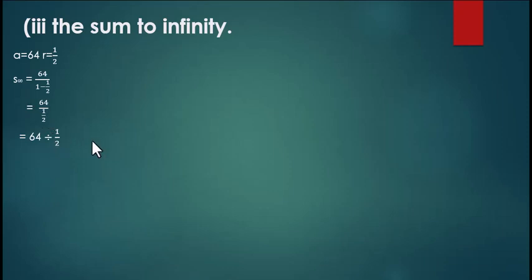The denominator comes up, so they will swap, since the sign changes. So 64 multiplied by 2 is going to give us 128. Then for the next part, we are told to find the nth term.